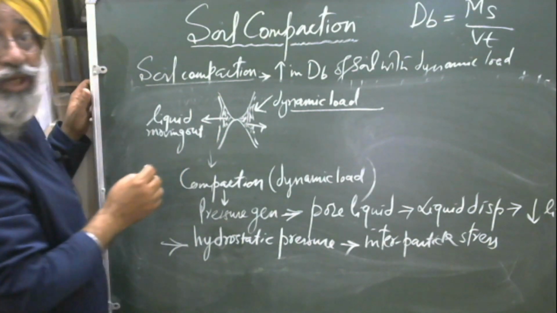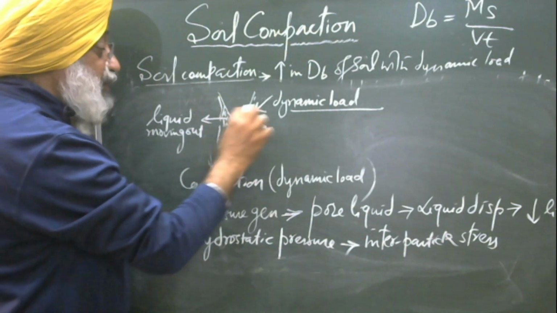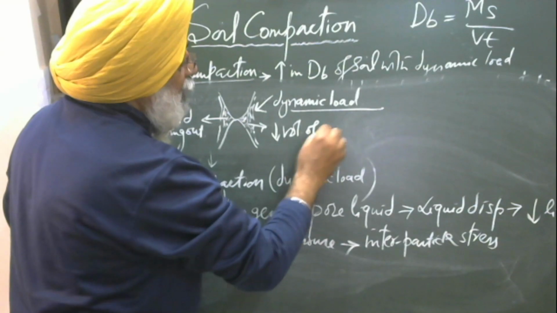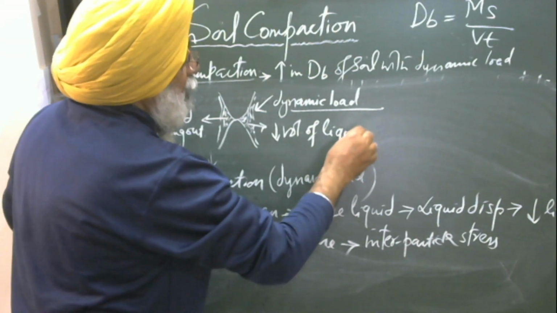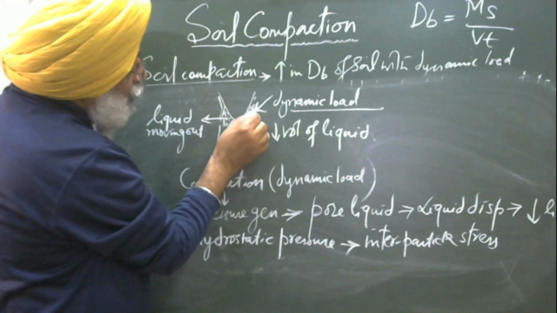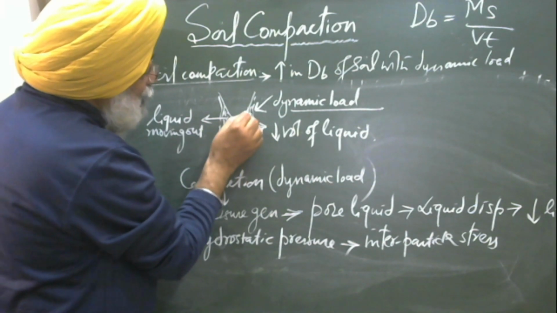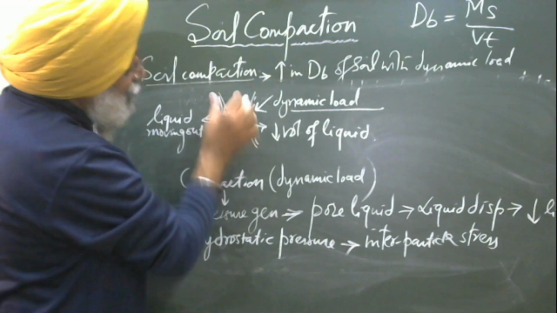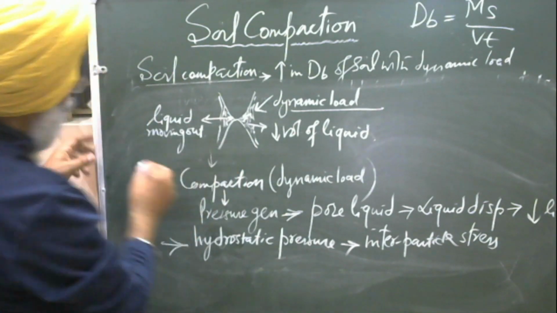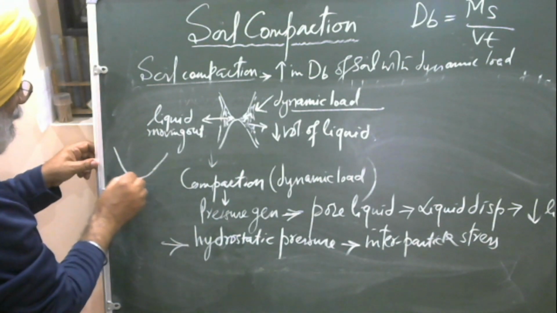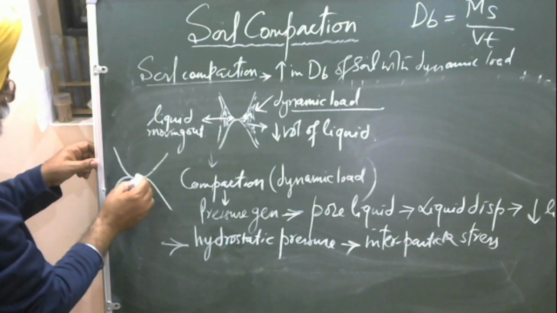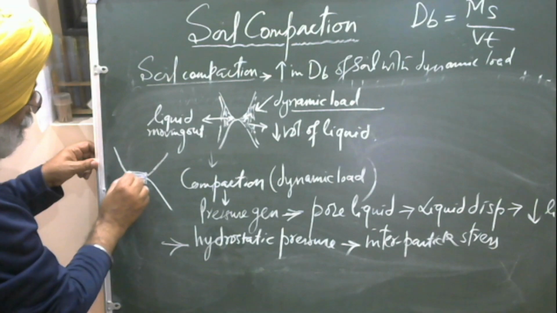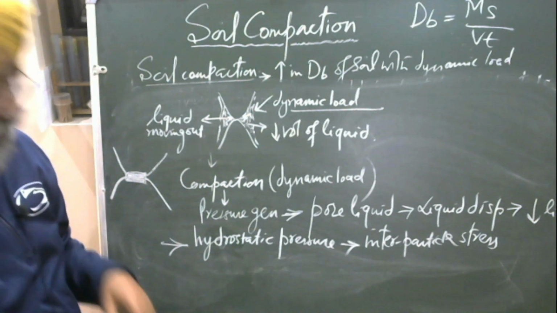When liquid moves out, less water will remain inside the pores, so there is a decrease in volume of liquid. Then this force applied gets converted into interparticle stress. Then these particles reorient, and the points of contact between the particles increase. This is how the particles get rearranged.